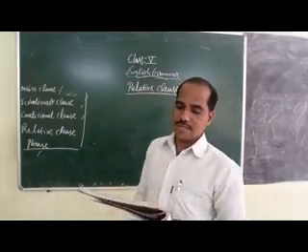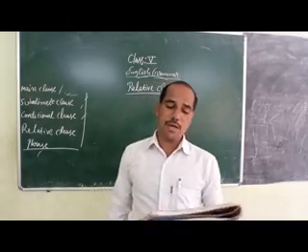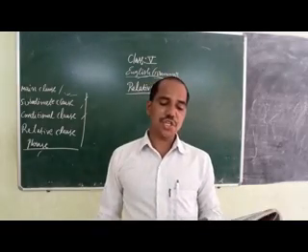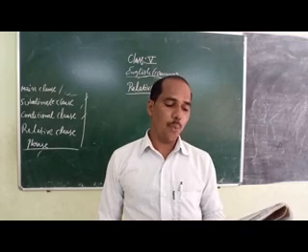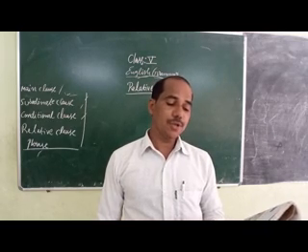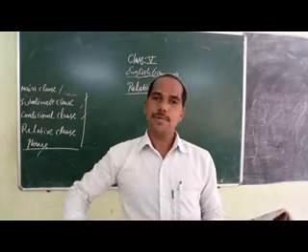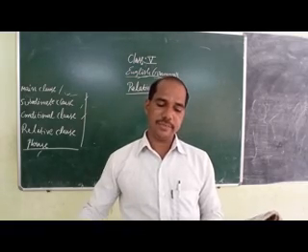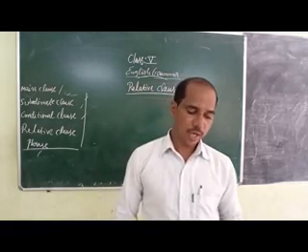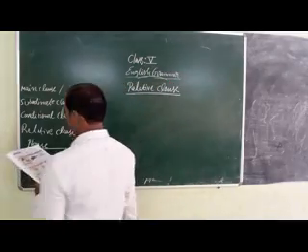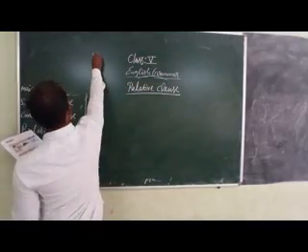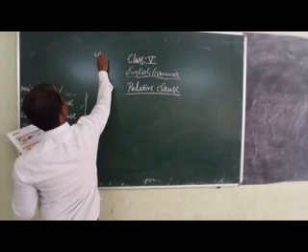A relative clause is connected to a main clause by words such as which, that, whom, whose, when, where, who. It gives more information about the noun or pronoun, the person or thing we are talking about.